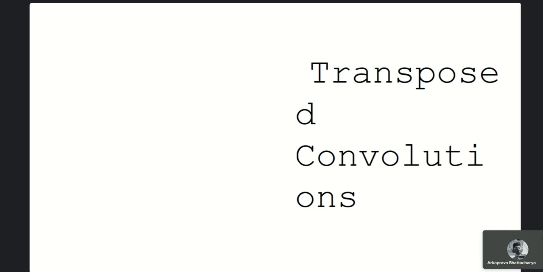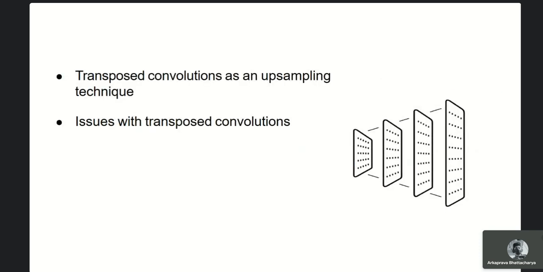In your pooling and upsampling, you are not using any learnable parameters. But in transposed convolution, you will use a learnable filter to enlarge the size of the input. So basically it's a similar technique as upsampling, but here you will use a learnable filter to upsample your image.